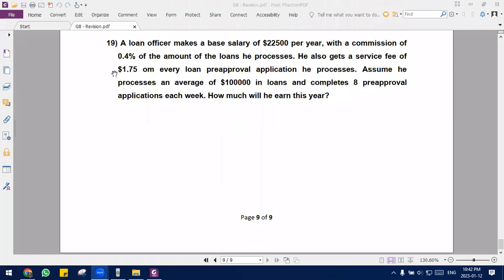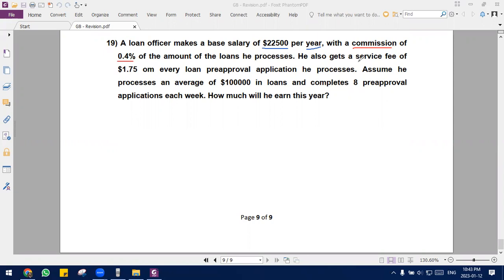Last question. We have a loan officer who makes a base salary of 22,500 per year. Okay, per year. This is the base salary. And there's a commission of 0.4% of the amount of loans he processes. He also gets a service fee.